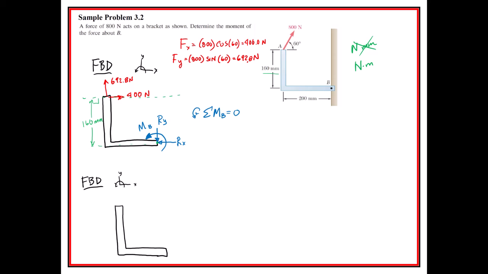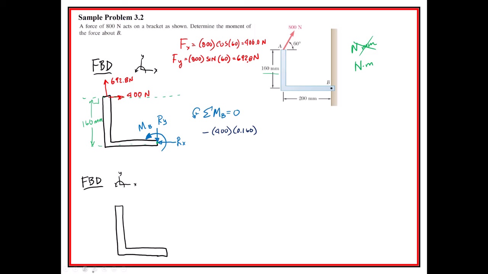So we're writing out first off this force right here, and that force causes, if you notice, that 400 is going to try to make a clockwise rotation. That arrow doesn't belong on the diagram, but it's just to show you the thing. So writing that out is negative 400 times 0.160, which is the millimeters turned into meters.